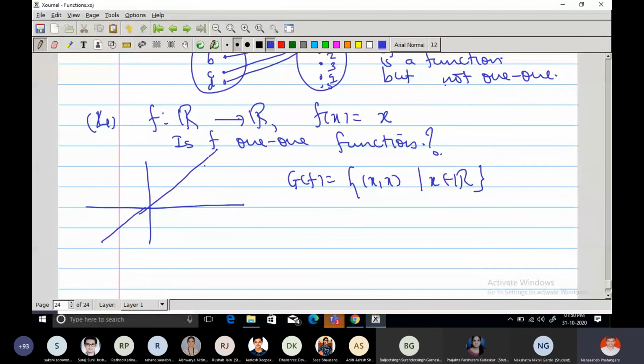So on this line, y is equal to x. This is a function, no doubt. But is it a one-one function? Yes, sir.